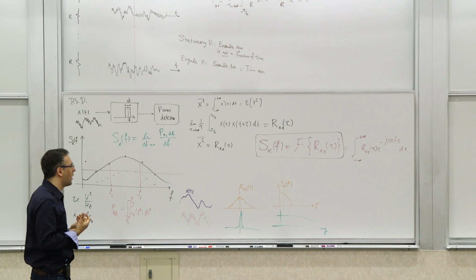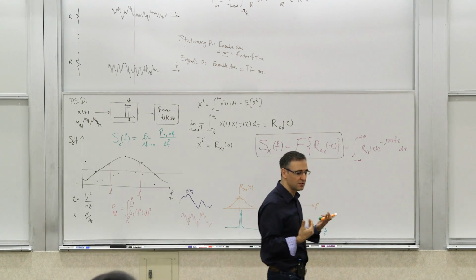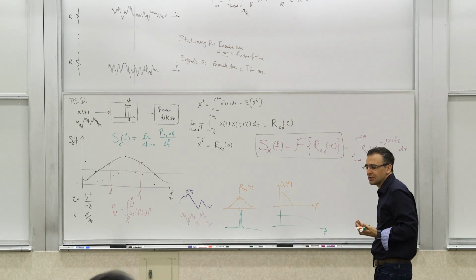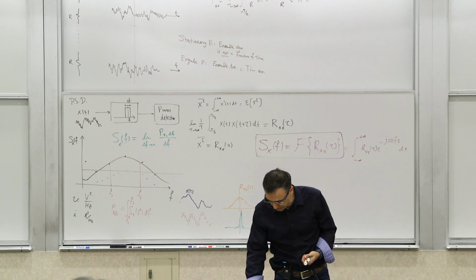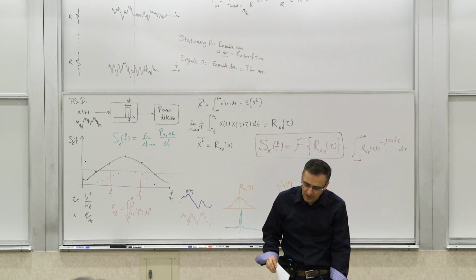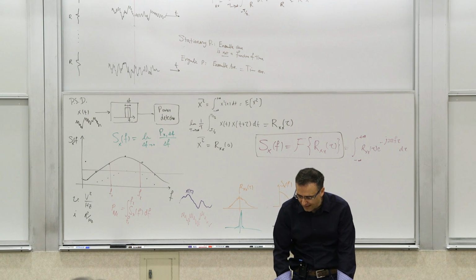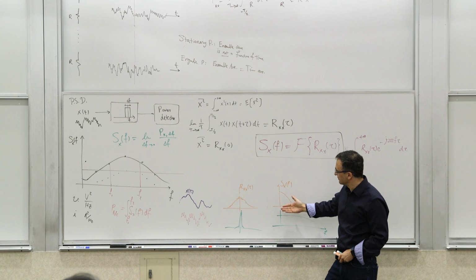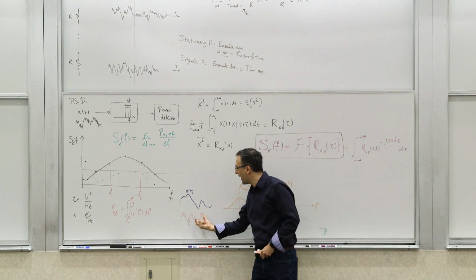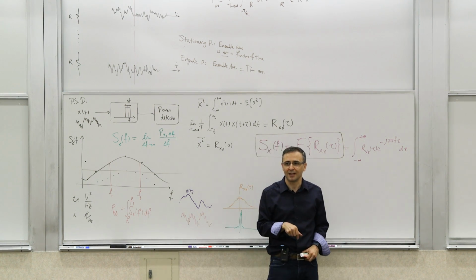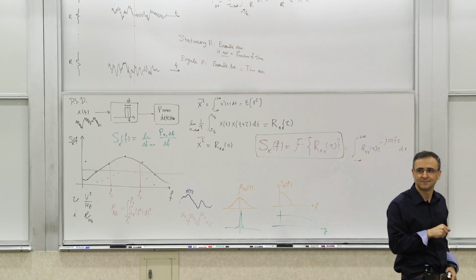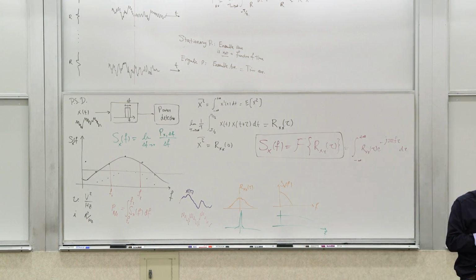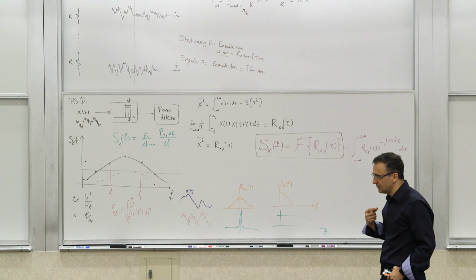So these two are very related. It's a time domain and frequency domain picture of the same thing, because autocorrelation, correlating the signal with itself, is a measure of how much signal you get at what frequency, because it's a measure of how wiggly it is, or how quickly it changes. Right? So this is important.